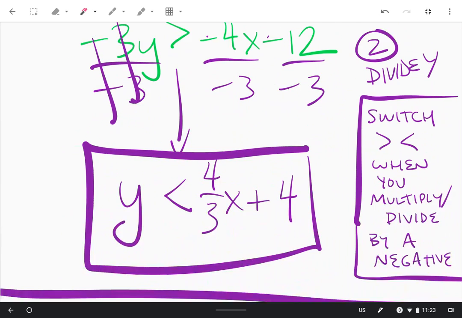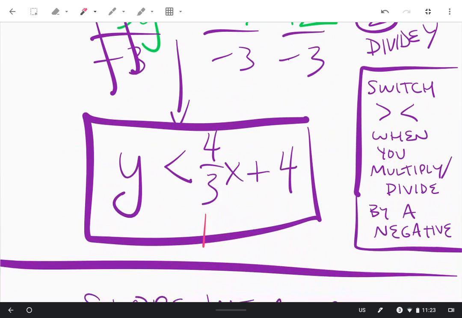Similarly, in my second problem, 4/3 x, that's my slope, equals 4/3. And my y-intercept equals 4, sorry, 4, or (0, 4).